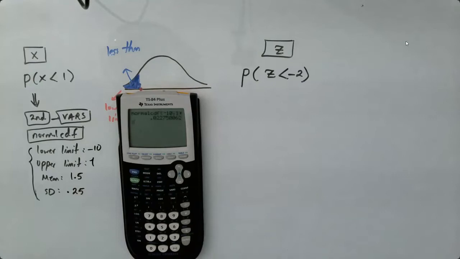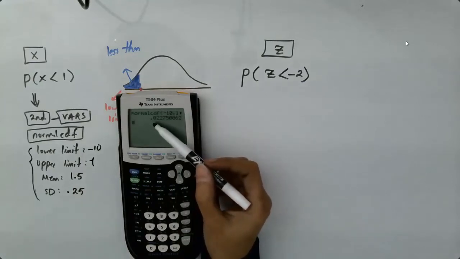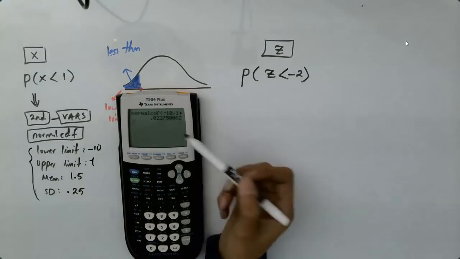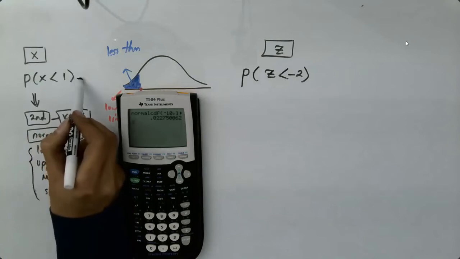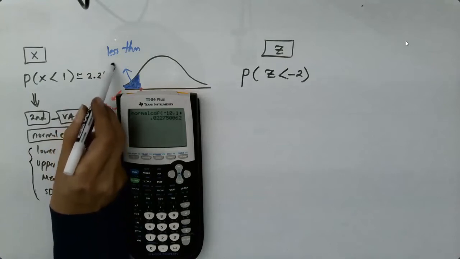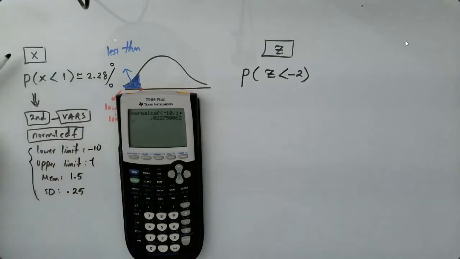Okay, guys, the probability is 0.0228 if you want to round it this way, or you can just say that it is 2.28%. So this probability is approximately 2.28%. Again, using X, calculating the probability.